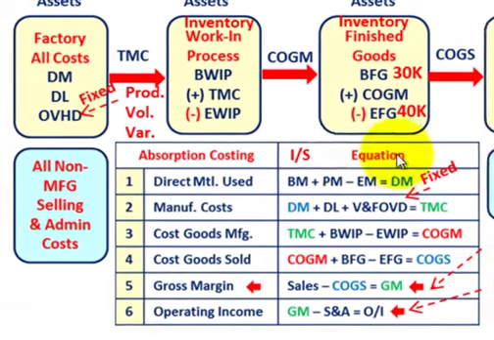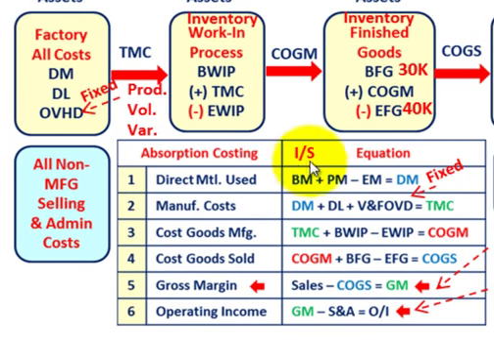Okay, again, looking at it in terms of our income statement here, for absorption costing, our direct materials beginning amount, plus what you purchased for the period, less your ending amount equals the direct materials that you've used for the period. And then your manufacturing costs would be the direct materials you have used for the period, plus the direct labor, plus the variable and fixed overhead here.